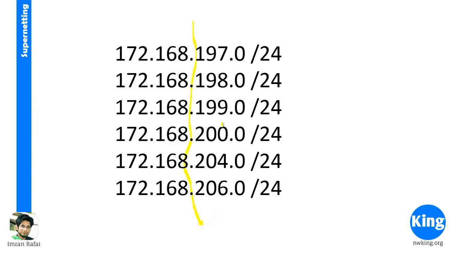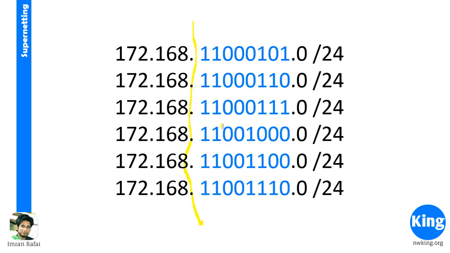The change is happening in the 3rd octet, so let's convert that into binary. Now, the first 4 bits don't change at all. It's only the last 4 bits that change. So the green part does not change at all if you compare these. Only the last 4 bits are changing, right?